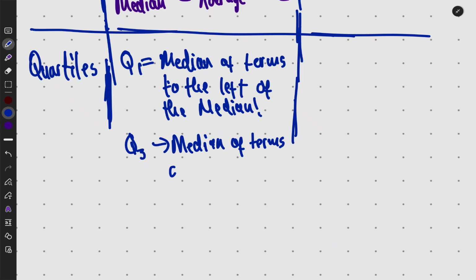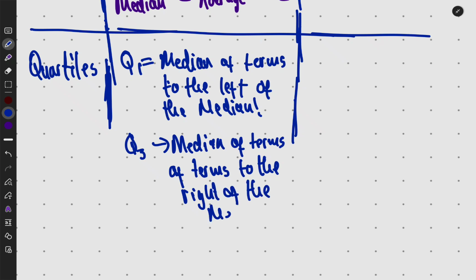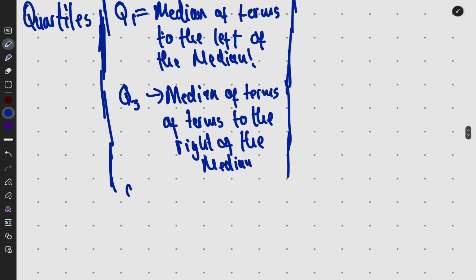It's the median of the terms to the right of the true median. Then we will have Q3. So these are the quartiles, and Q2 is just the median itself.